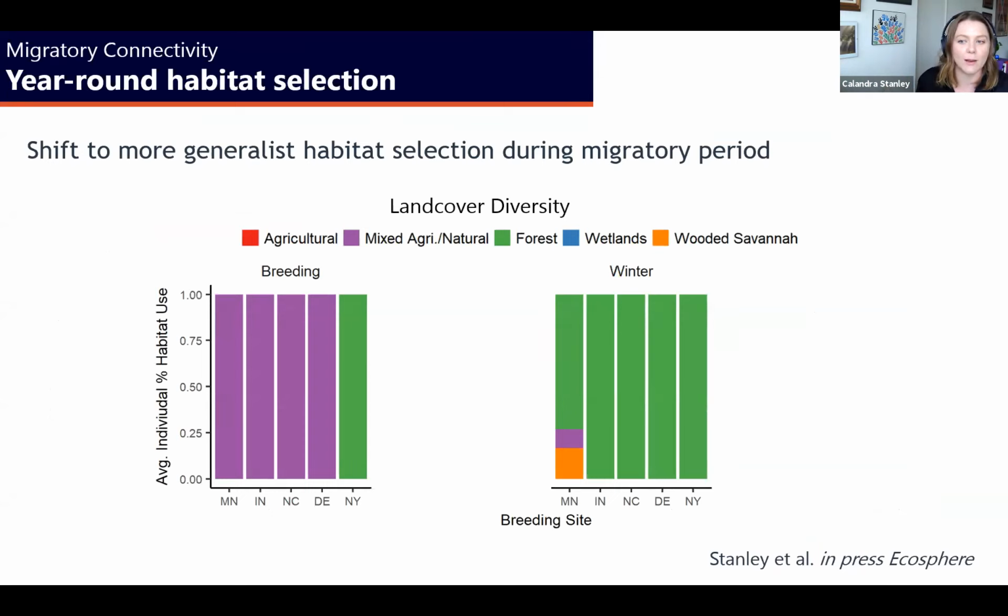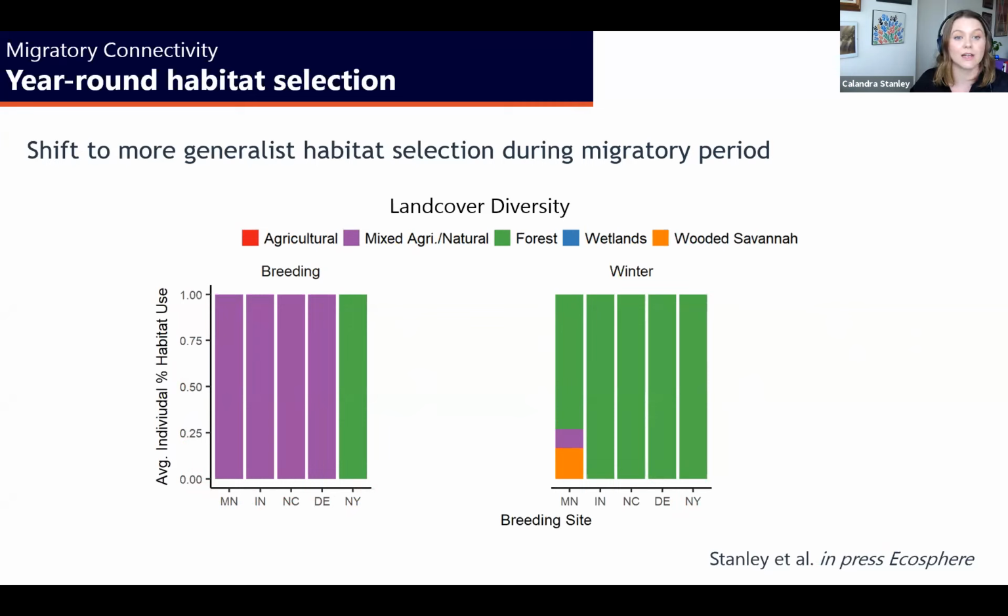Kind of a simple way to visualize this is that we looked at the diversity of land cover types occupied by individuals during different seasons. So here, different colors represent different land cover types. Each bar down here is a different breeding population during the breeding season or winter season. And the y-axis is just the proportion of time individuals spent in each land cover class.